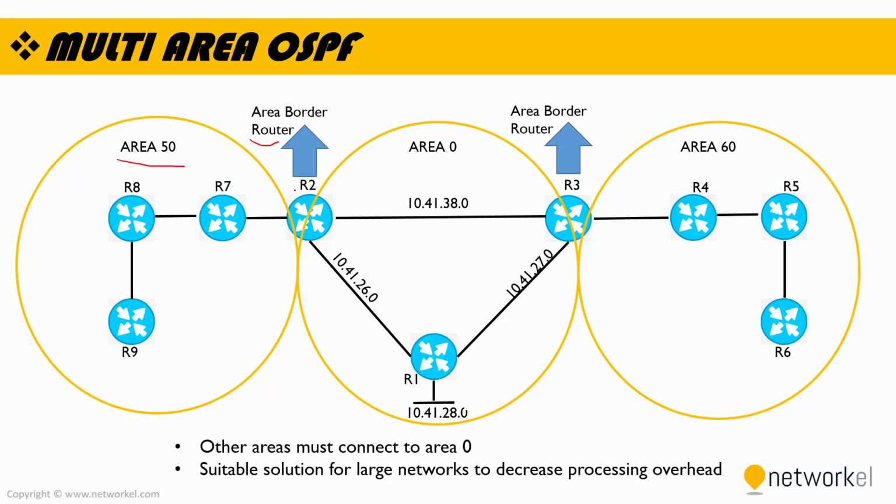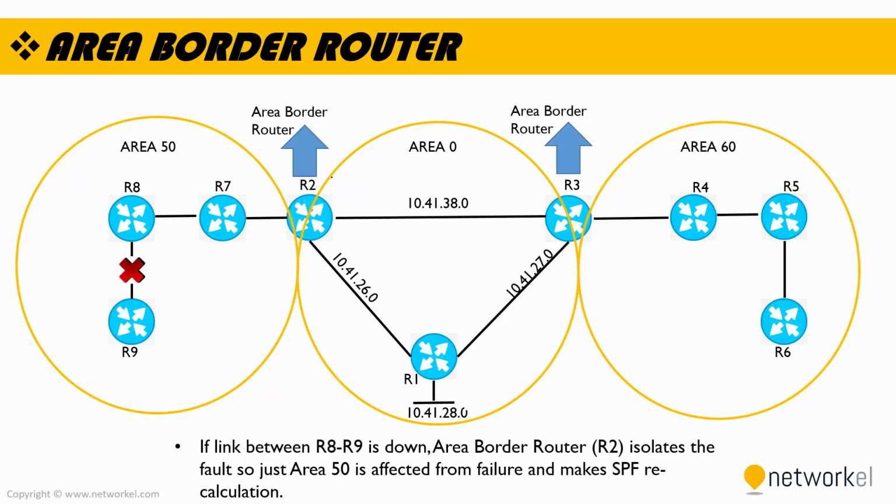by area border routers. As you can see, we have two area border routers which are connecting area 50 to area 0 and area 60 to area 0, and they are router 2 and router 3. That's a suitable solution for large networks to decrease processing overhead, as I told you before.